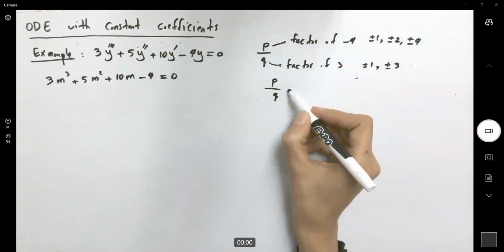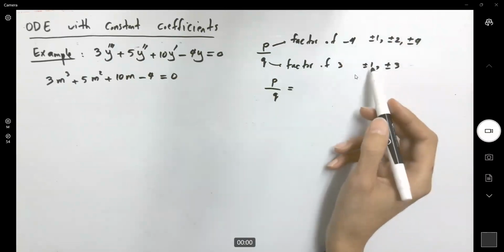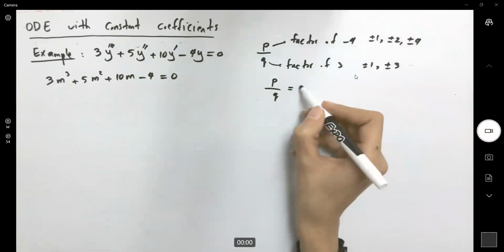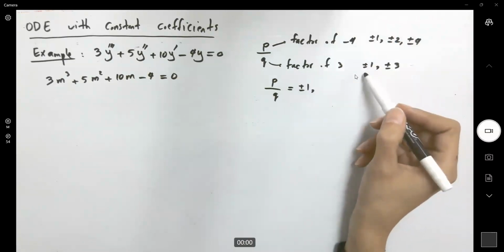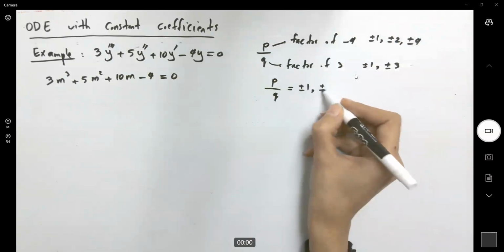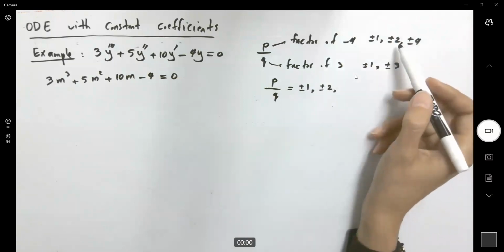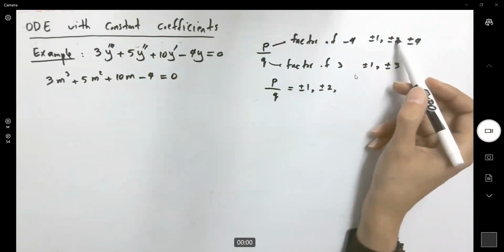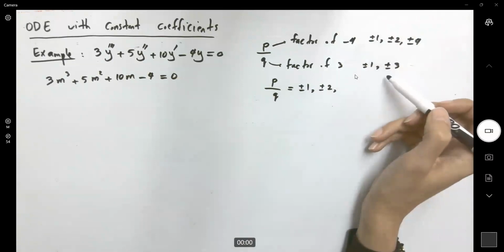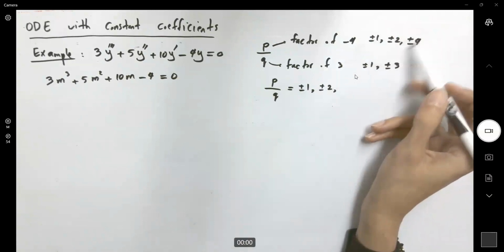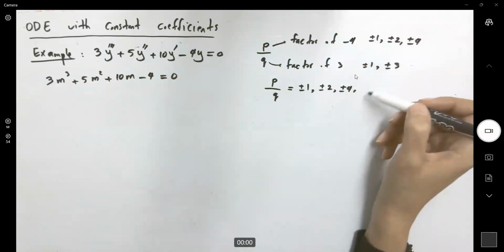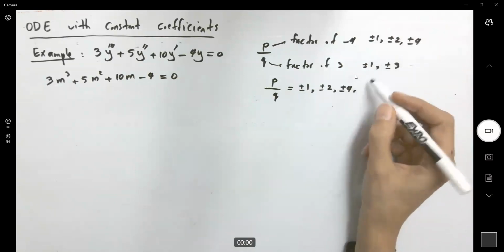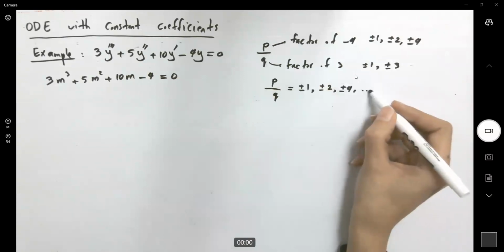This can be written as plus minus 1 divided by plus minus 1, so we end up with plus minus 1. Plus minus 2 divided by plus minus 1, you get plus minus 2. Then you have another case where you're dividing plus minus 1 by 3, or plus minus 4 divided by 1, plus minus 4. And then you're going to write down all possible combinations of these fractions.